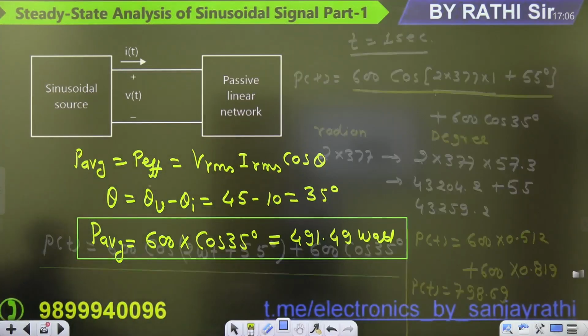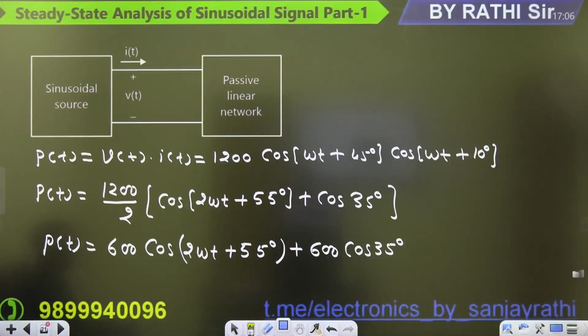First slide. Vt into I2 is given in the question.